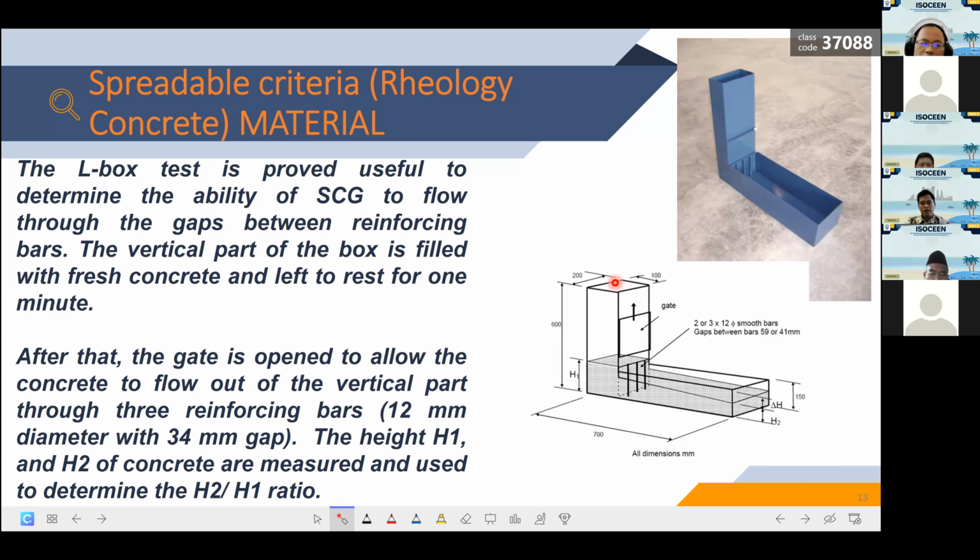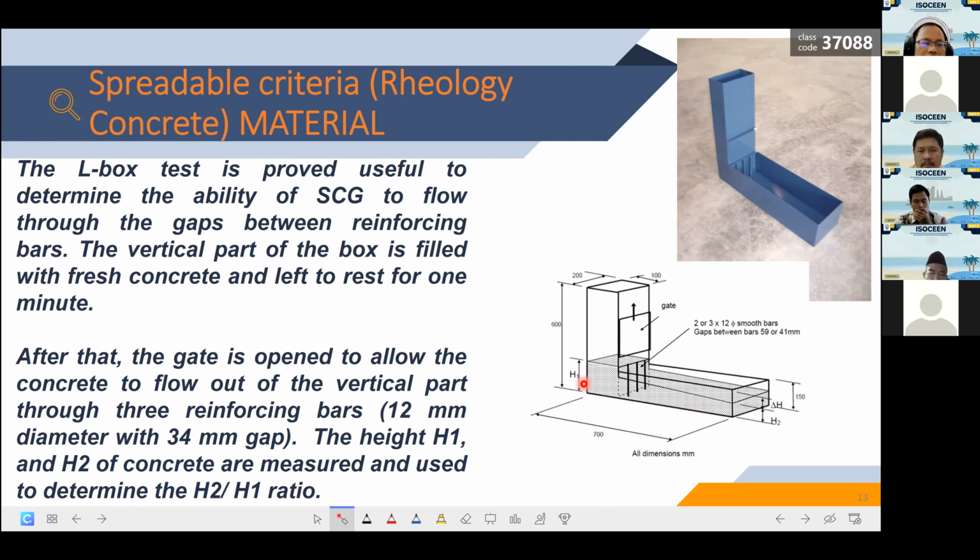After 2 minutes, we open this gate. At the end of the test, we measure this height, H2 and H1.